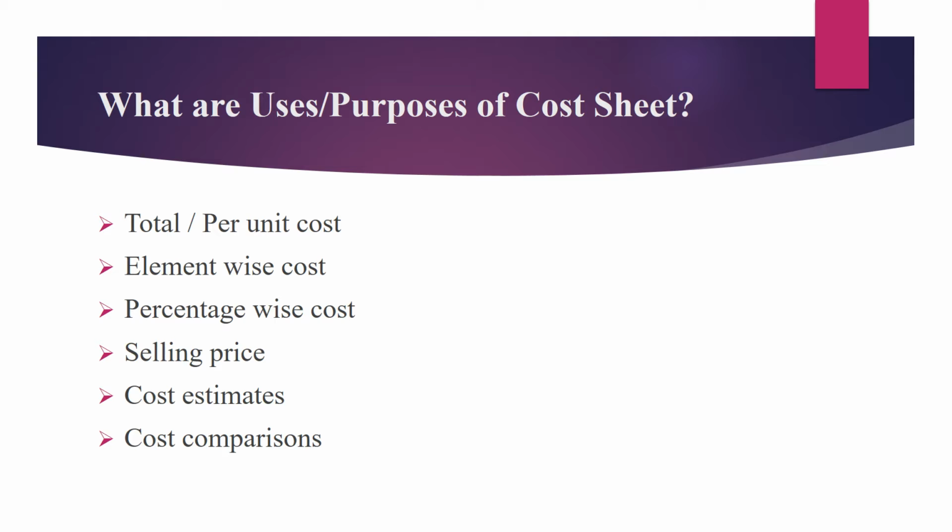Then we also estimate some cost so that we control the cost and come near to the budget. And the last purpose is cost comparison, where we compare the cost incurred in each stage and element of a product.